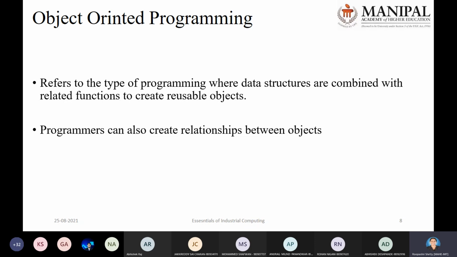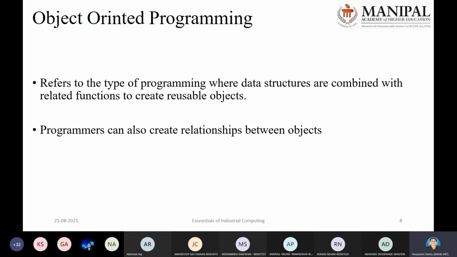When I have 10 classes received in the analysis phase, how do I depict these 10 classes or 10 objects? I can use a state diagram, a UML diagram, or a class diagram, which gives you the relationship between the objects and the relationship between the classes.